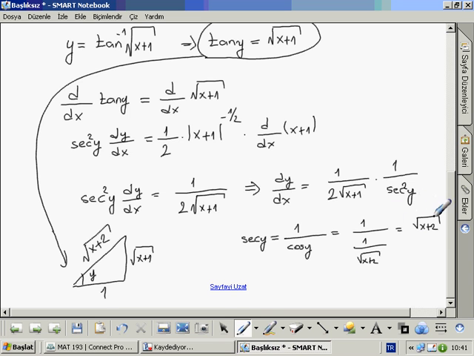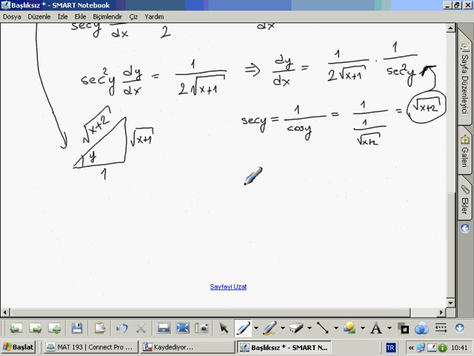So we use this on this side, and del y over del x equals 1 over 2 times the square root of x plus 1 times x plus 2, since secant squared y is x plus 2.